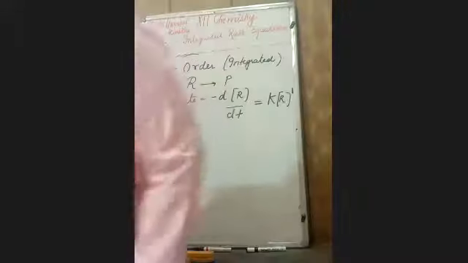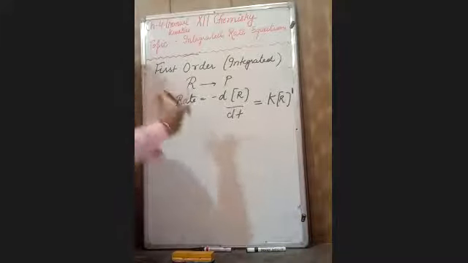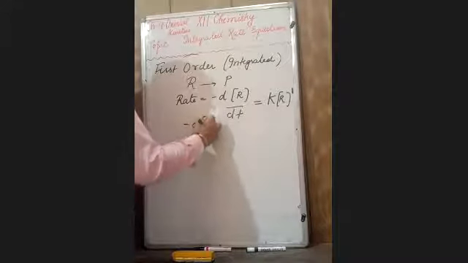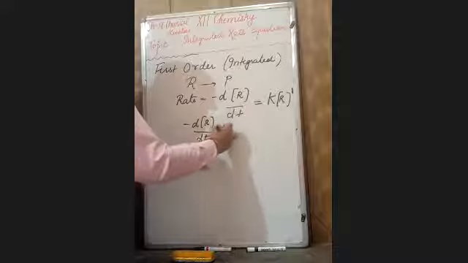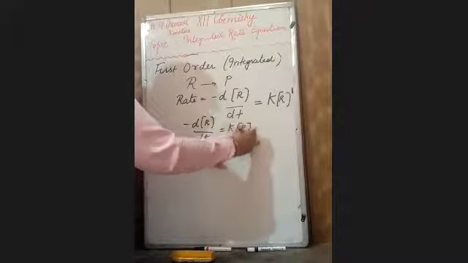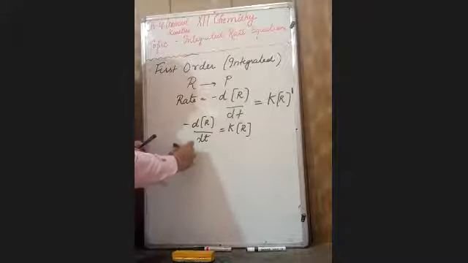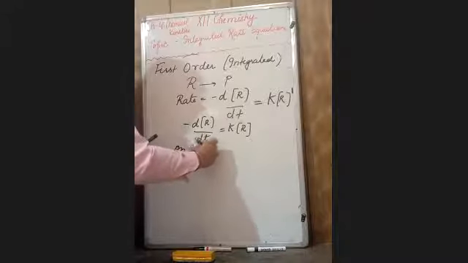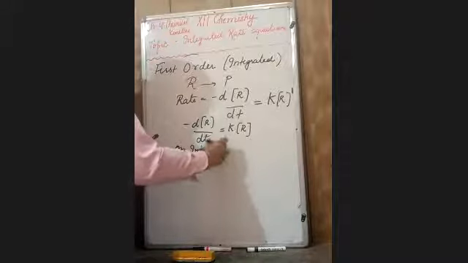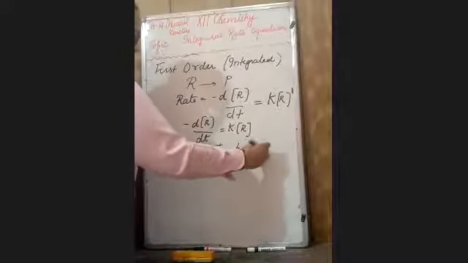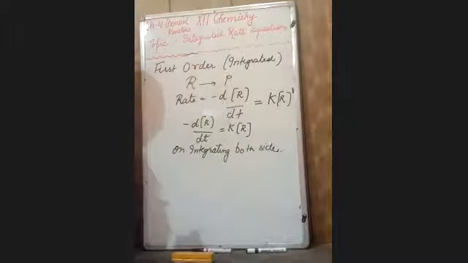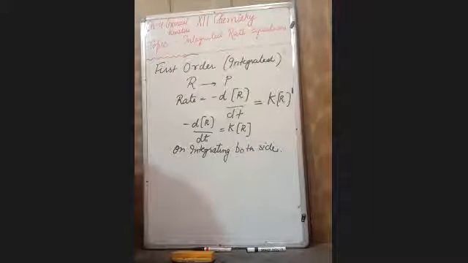Or minus dR over dt is equal to kR. Now integrate this equation. On integrating both sides, integration of dx by x is natural log x. So it will be what?